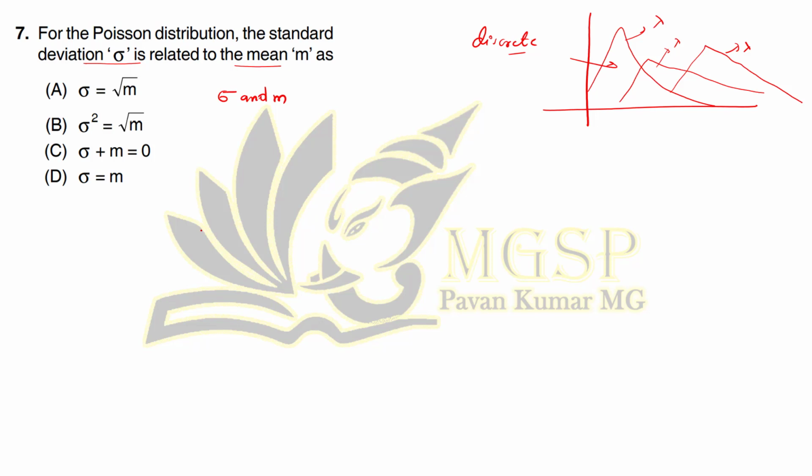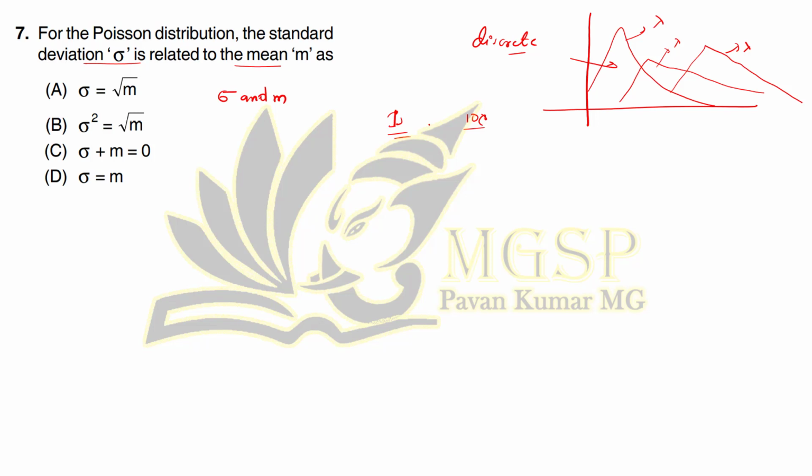The thing is, how many times an event is likely to occur within a given specified period of time. Suppose I consider 1 second to 10 seconds, how many times that event has occurred, the Poisson distribution tells about it.